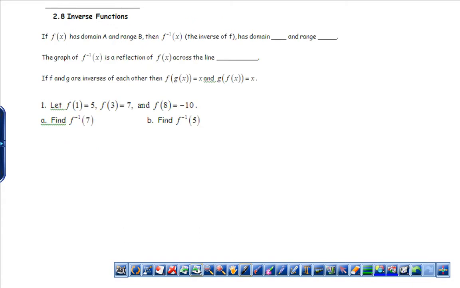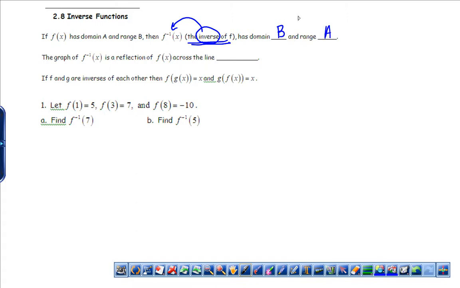Let's look at inverses, which I've already kind of talked about. If f of x has a domain a and b, then f raised to the negative 1 means the inverse of f. This right here, anytime you see a negative 1 means inverse, okay? Has a domain of b and a range of a.